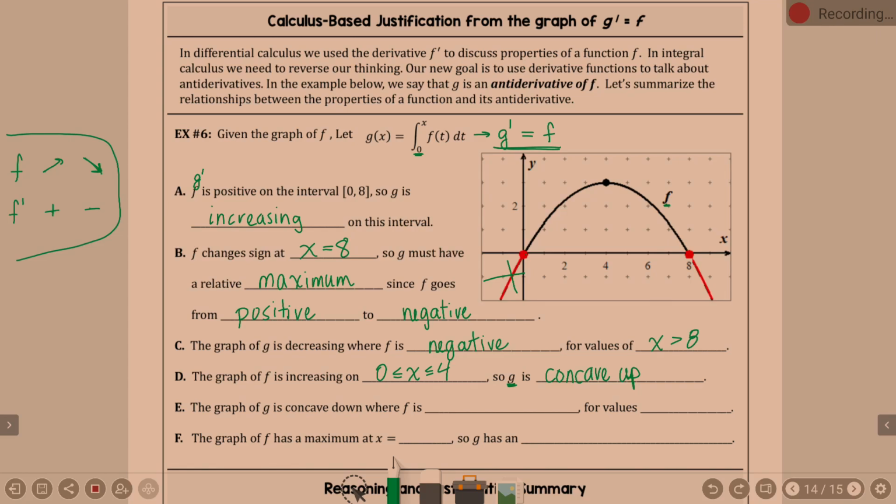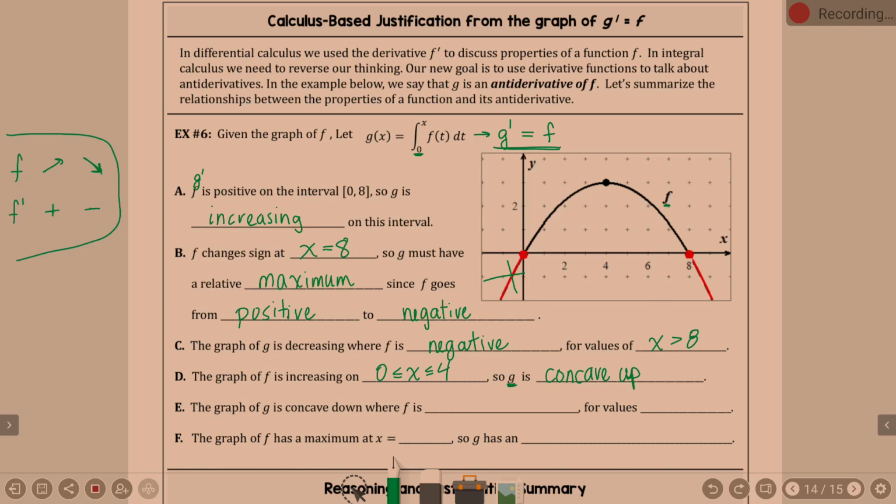The graph of G is concave down where F is decreasing, for values of X greater than 4.